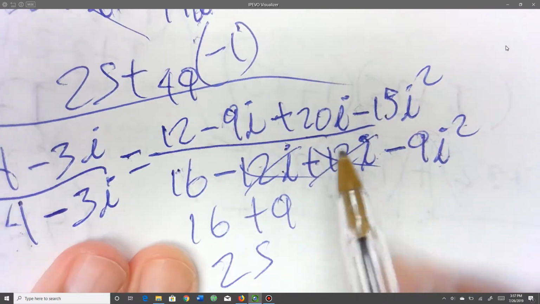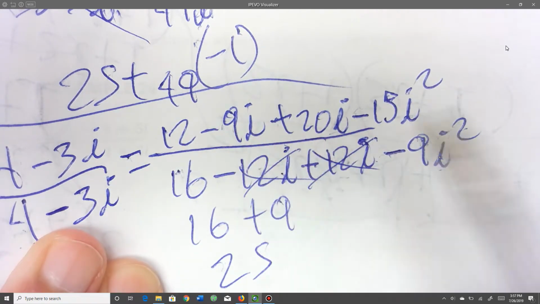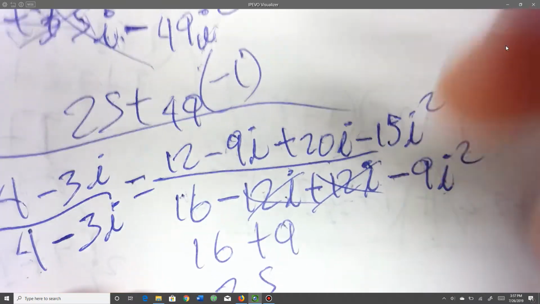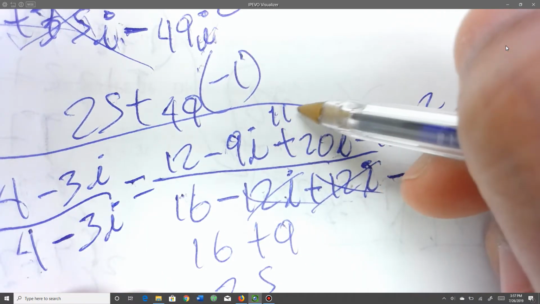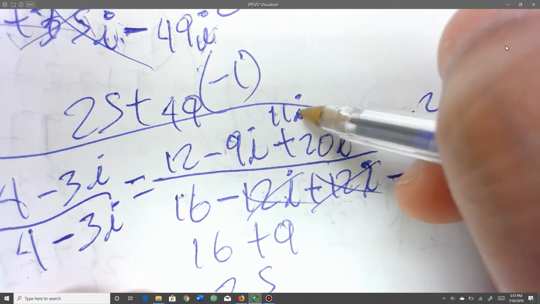Okay. In this case, we need to combine like terms. So these two, a negative 9i plus a 20i is positive 11i.